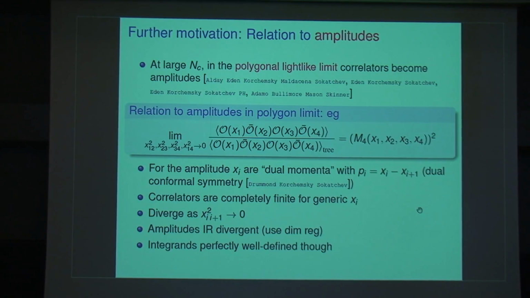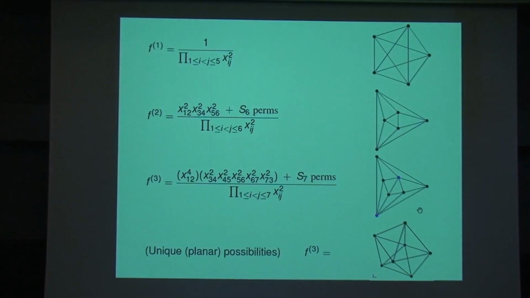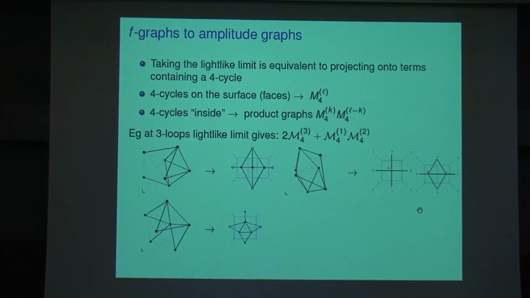I have 1, 2, 3, 4 connected by a square. In other words, I have all of these propagators. They're clearly going to be the leading terms. Anything that doesn't have the 4 propagators is subleading. So then this becomes the question of finding 4 cycles, inequivalent 4 cycles within my F graph.